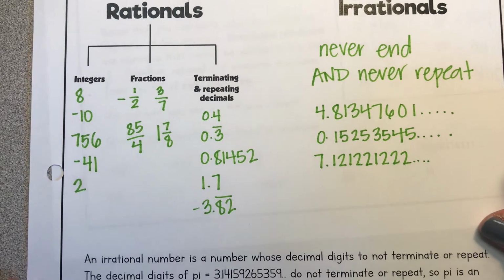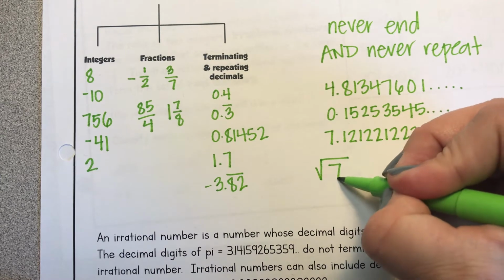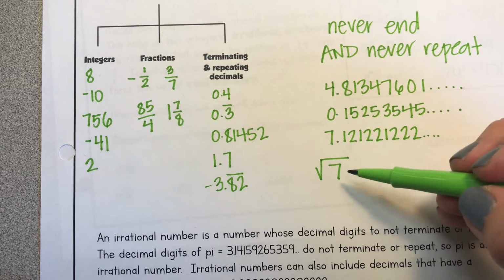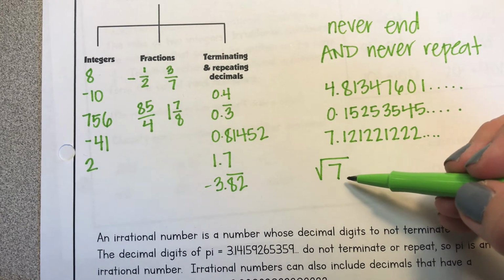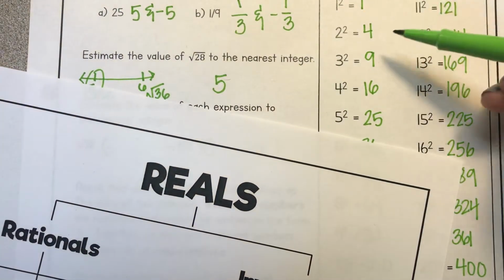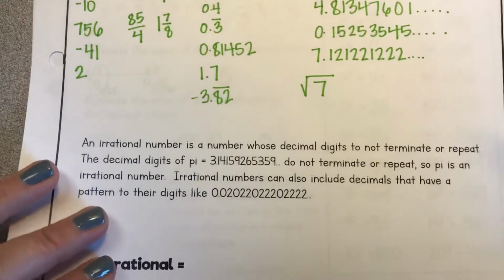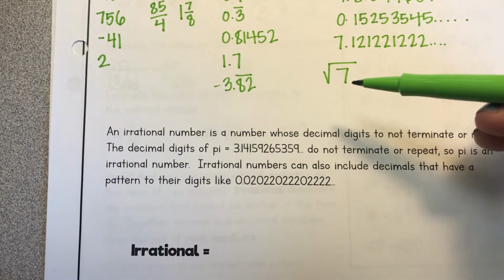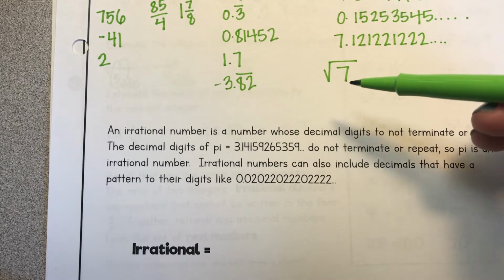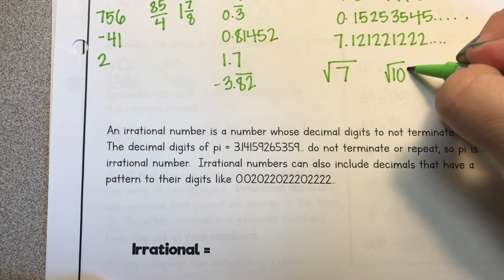And what that means as far as square roots is, if it is the square root of a number that's not a perfect square. Do we know what the square root of 7 is? No, I know that it's going to be close to 3, in between 2 and 3, but I don't know what it is. Well, if you actually tried to work it out, it would be a number that never ended and never repeated. Okay, so like square root of 105.